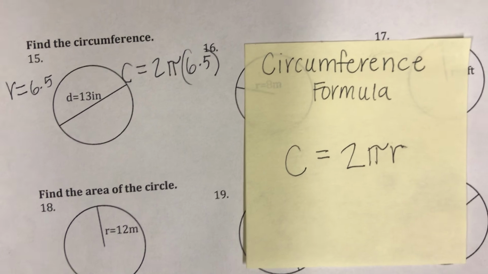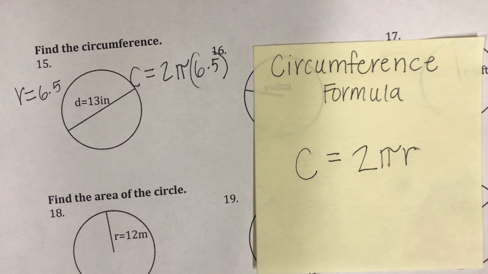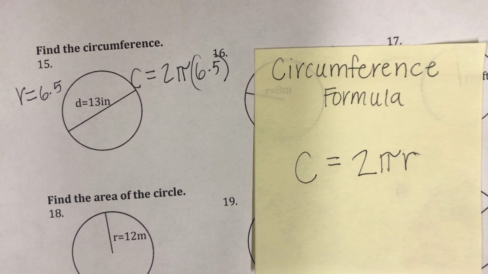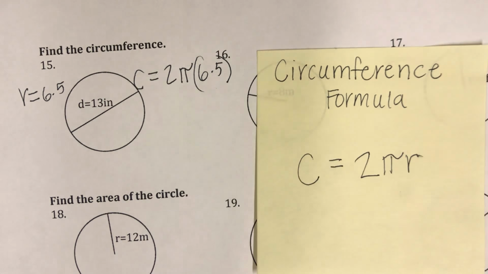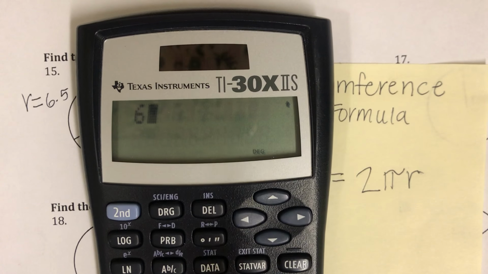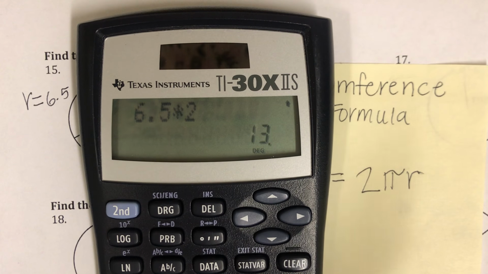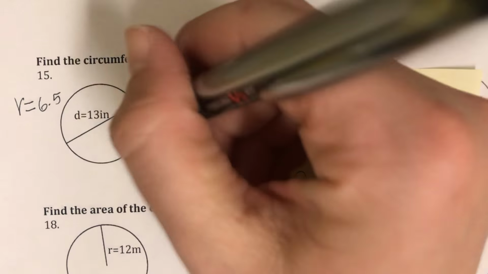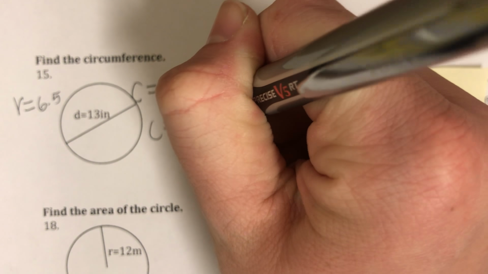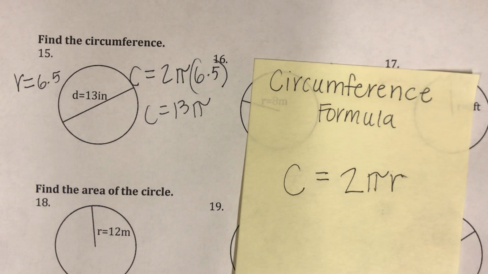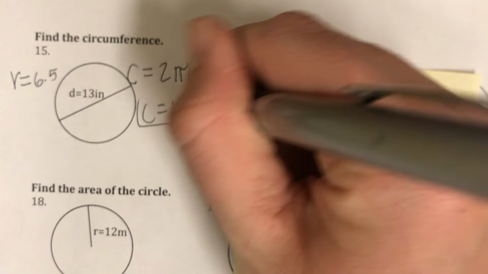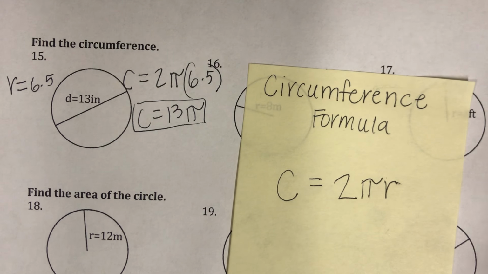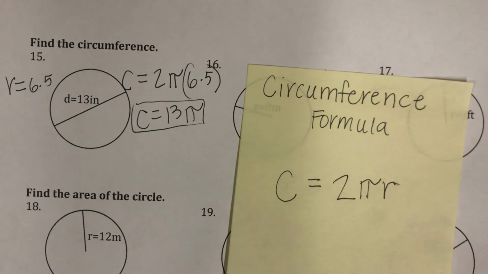Sometimes you can just leave the pi in the answer. In fact, I feel like most times you would just do 6.5 times 2, and you'd get 13. So you'd get that the circumference is equal to 13 pi. That is a totally acceptable answer. So I'm going to circle that, box it, whatever. That's one answer.